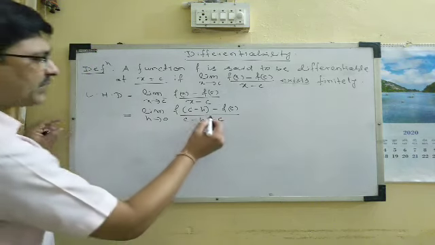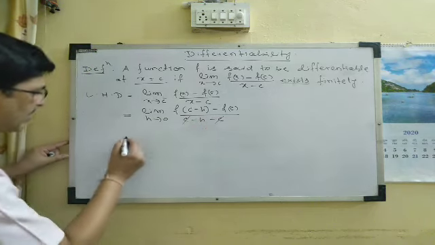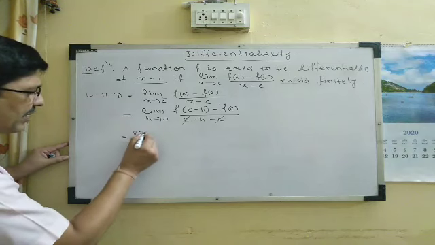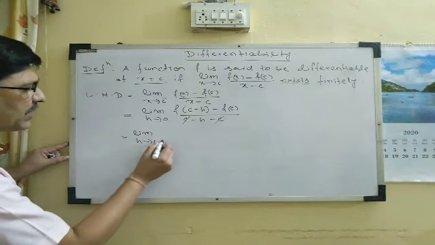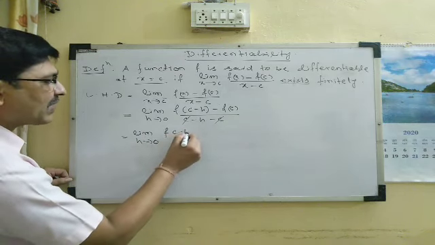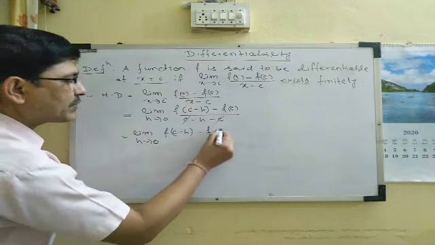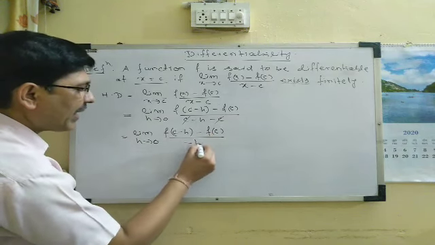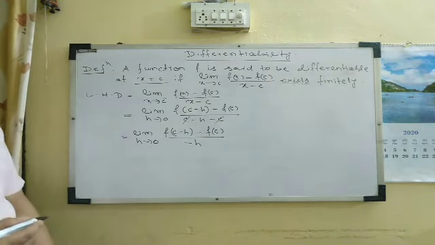Now this plus c minus c cancel, and which is equal to limit h tends to 0, f of c minus h minus f of c divided by minus h. This is the left hand derivative.